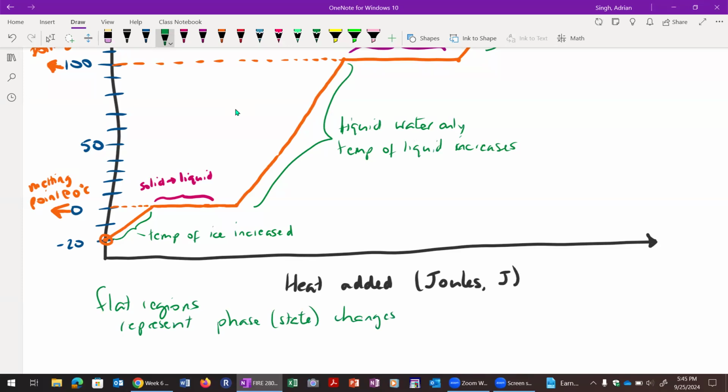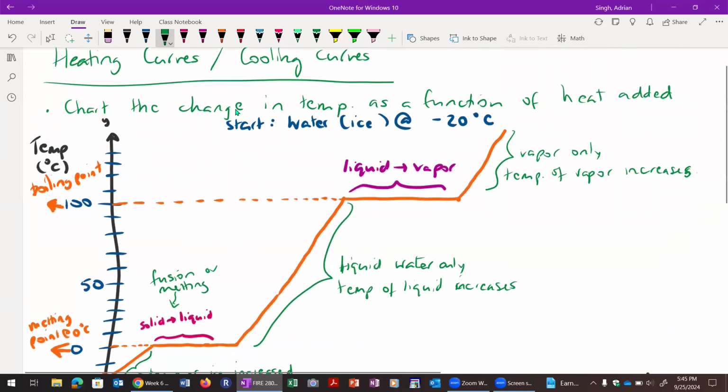Okay, so going from the solid to the liquid, right? That represents fusion or melting, which we talked about before. And then going from the liquid to the vapor, well, that's vaporization.